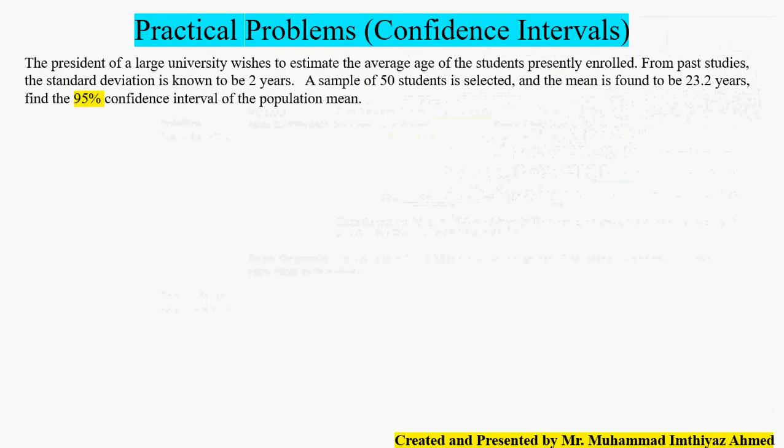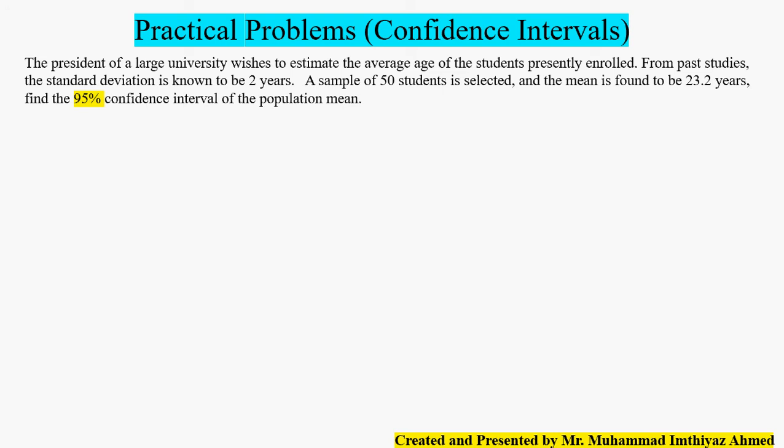Let's see a practical problem with regard to confidence intervals. So let me read the problem for you so that you can understand very clearly. The president of a large university wishes to estimate the average age of the students presently enrolled.